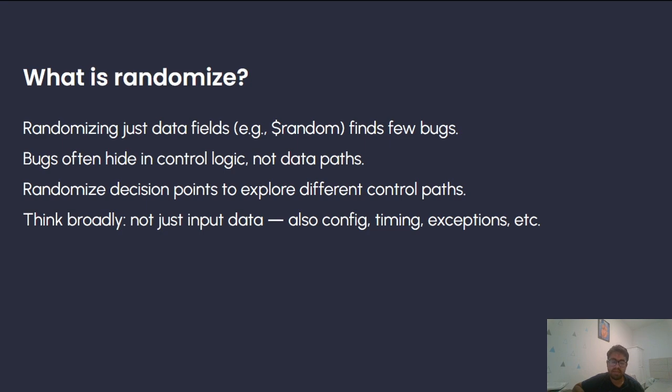Most bugs come from complex control logic, so we need to randomize every decision point that might change the behavior of the system. That includes configuration settings, environmental variables, delays, errors, not just raw input data.